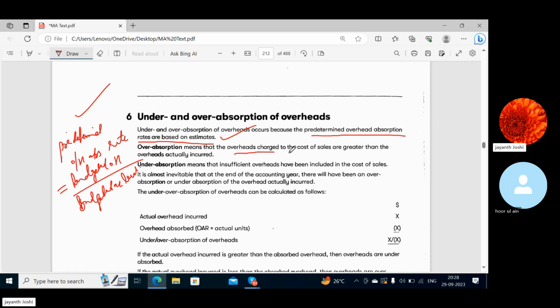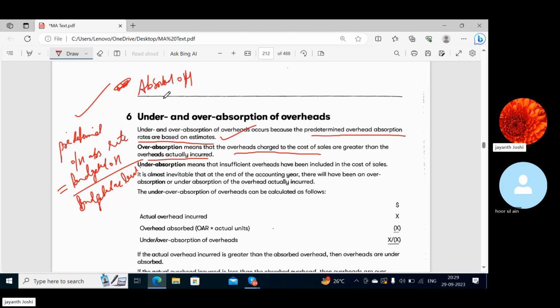Overheads charged to cost of sales are greater than the actual overheads incurred. So I will say overheads charged or absorbed overheads. Overheads charged means the overheads which you are showing under cost of sales.